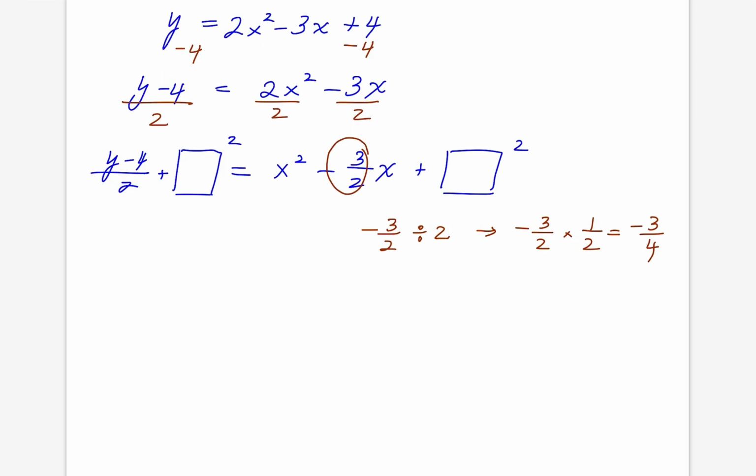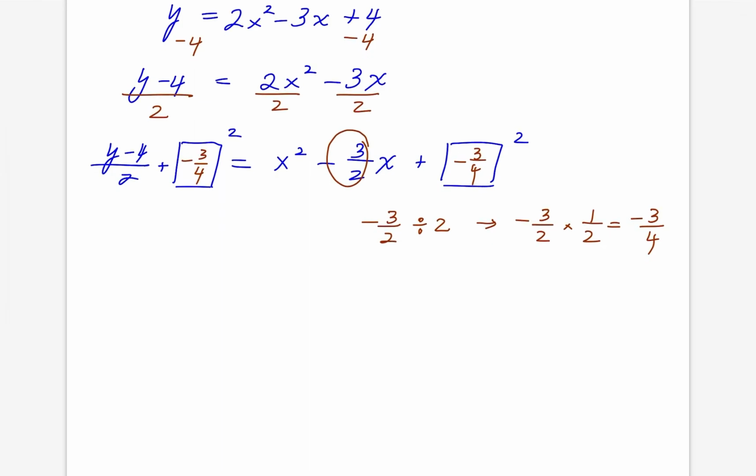We're going to add -3/4 squared to both sides. Again, you just divide this number, which is -3/2, by 2, and you add that number squared. So here's what we have after that step. -3/4 squared is +9/16. So I got +9/16 on both sides.